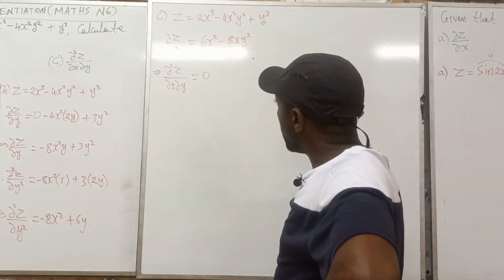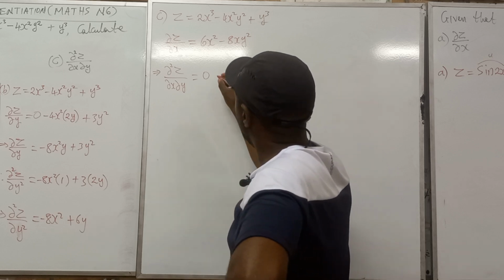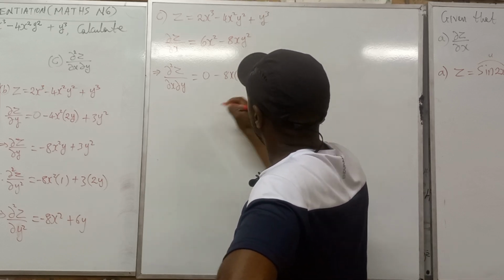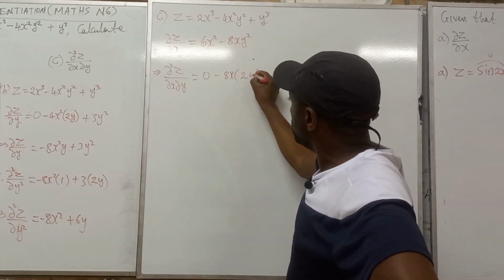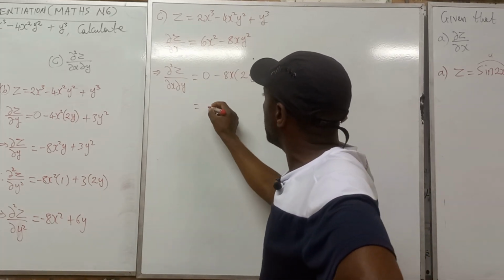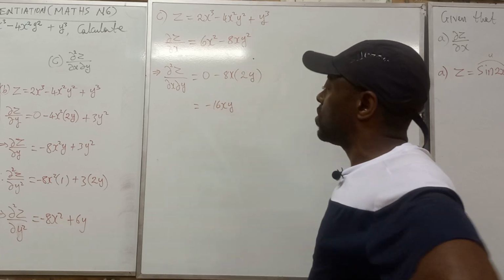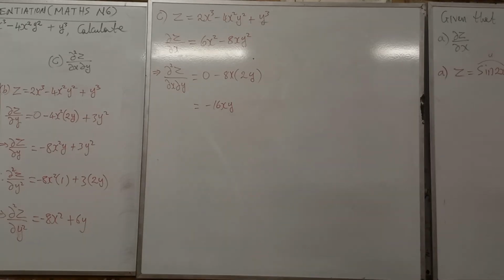Each time you don't see y, then what you are seeing is a constant, and the derivative of the constant is a 0. Then in the second, I see 8x, but I can't differentiate it because they are multiplied by the y I'm looking for. So if I differentiate y squared, it gives me 2y, and this will simplify as negative 16xy. So guys, that is the story of partial derivative with that very simple example.